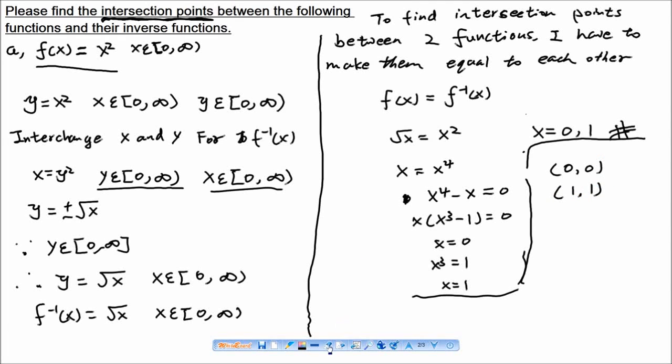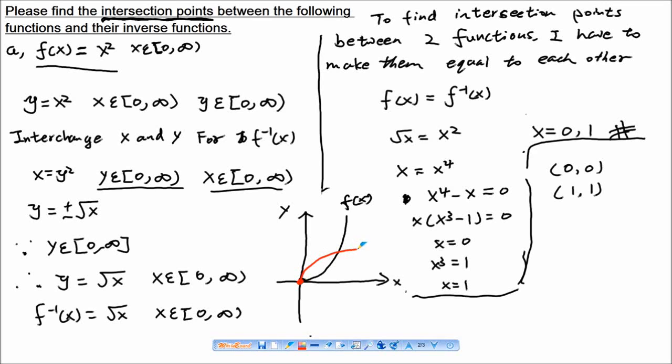If I draw a graph to show you, this graph should be my f(x), and the inverse function graph should be something like this.